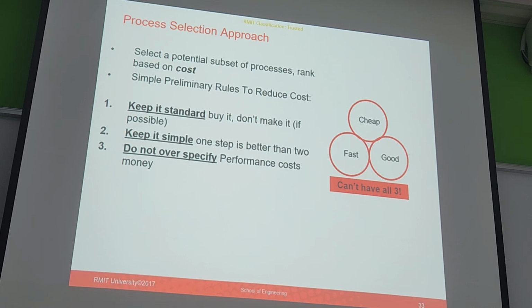So, in the whole of the research and the whole of the design, three things are important for the industry: cheap, fast, and good. You have to consider these three things for design: cheap, fast, and good.